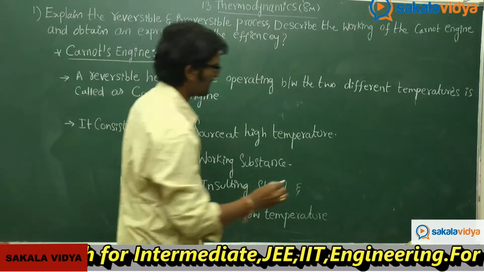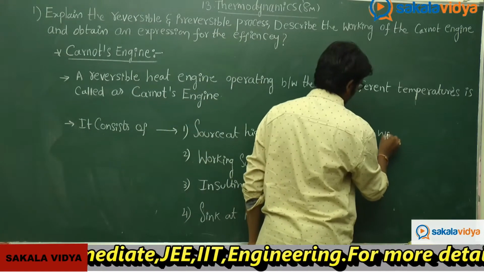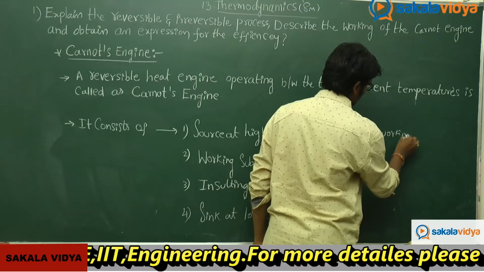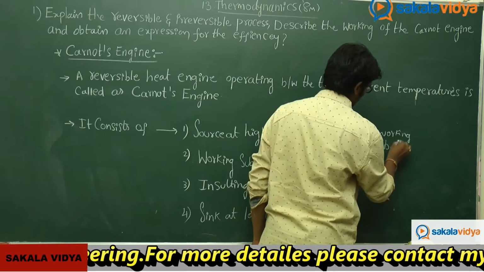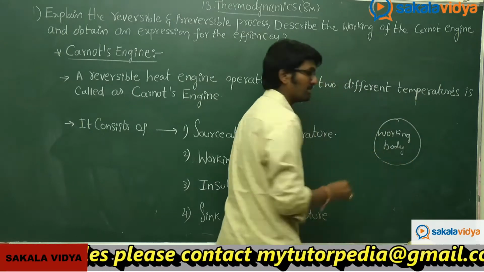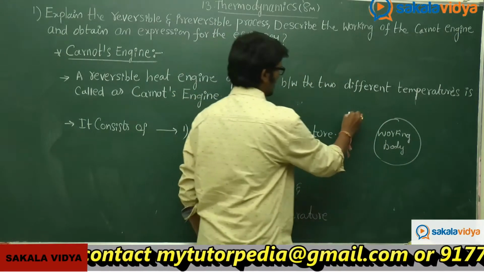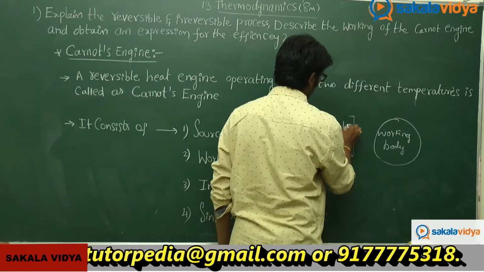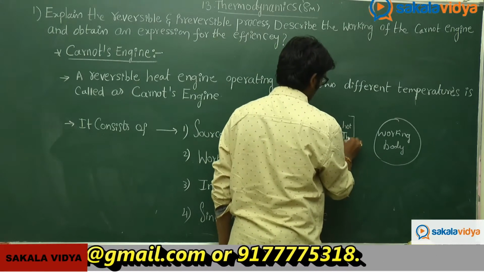For example, here we are having a working body, which is working between two different temperatures. For example, here we have a source of hot temperature, that is TH.